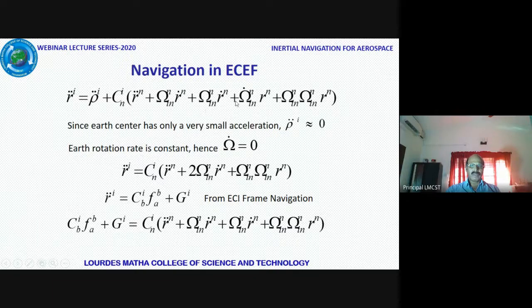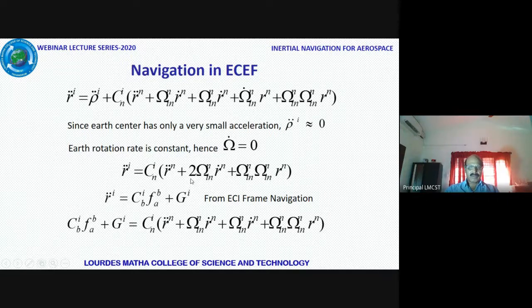And also, the Earth rotates with a constant angular rate. There is no angular acceleration. Therefore, this omega dot is equal to 0. Therefore, this term goes and this goes. The remaining, you see, is written here. So the equation gets simplified to this.